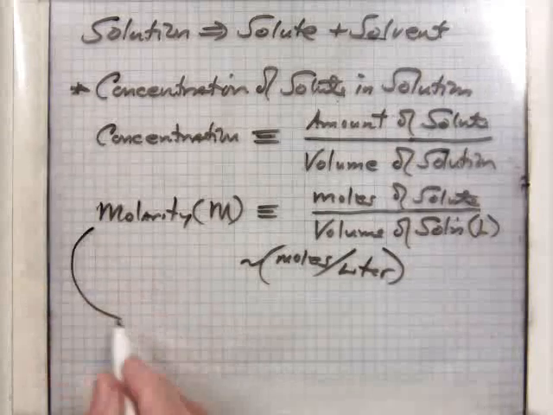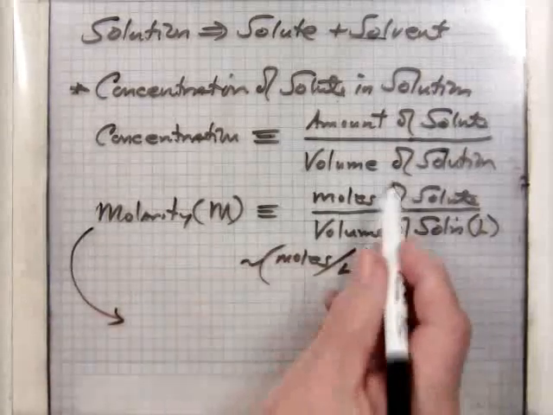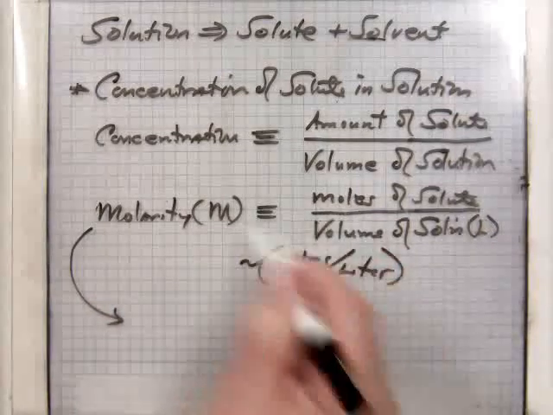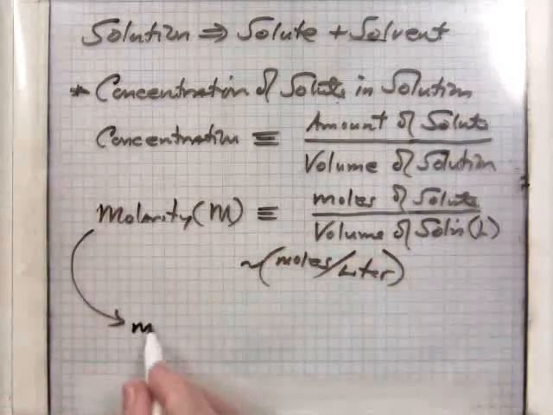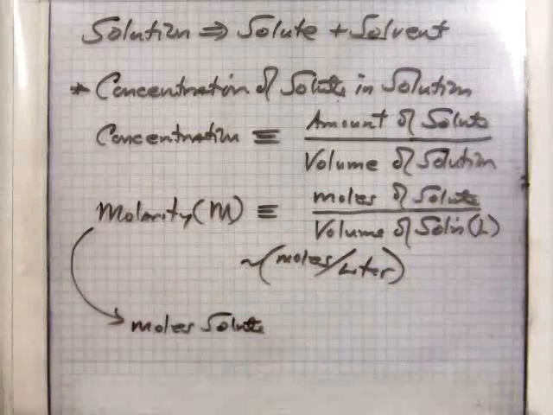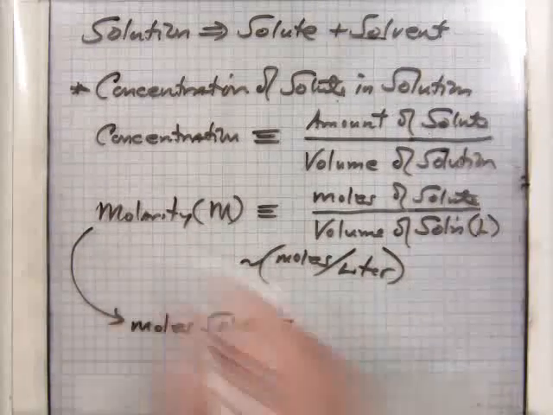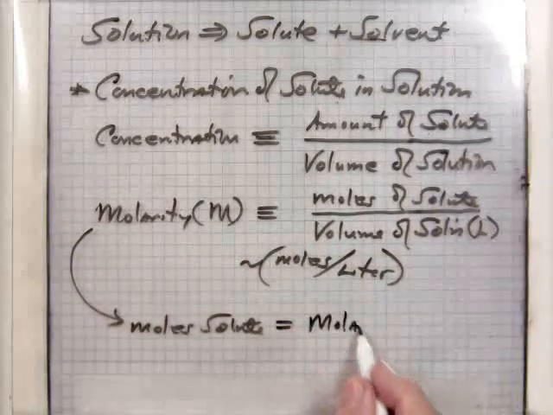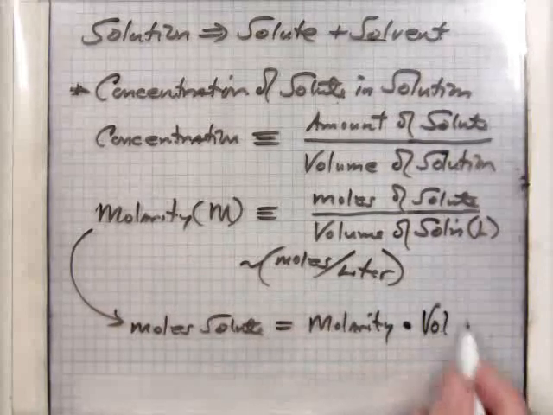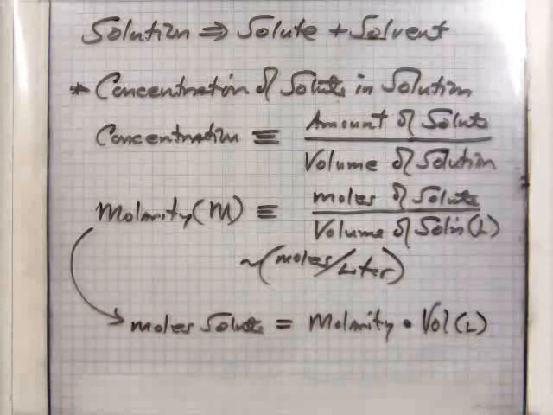So from this equation, moles over volume of solution, solve this little three-part equation for moles. So this gives us moles of solute, which is important in solving the equation. Well, the moles of solute is molarity times volume expressed in liters.